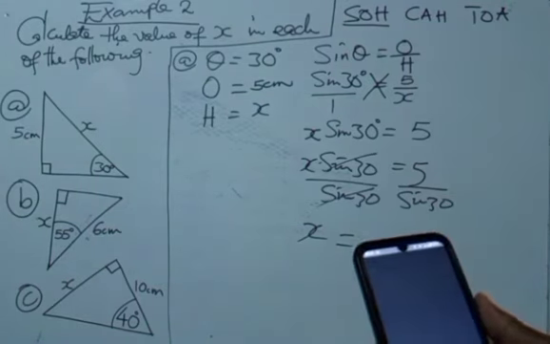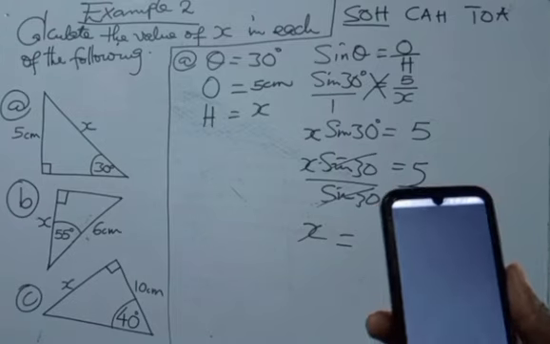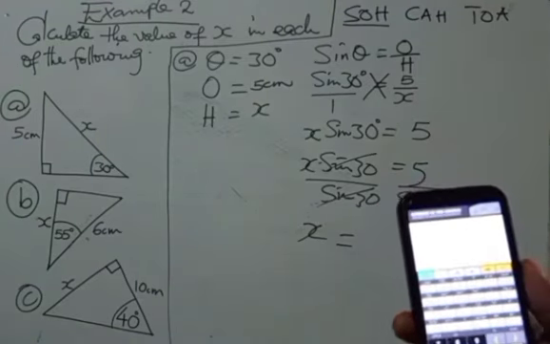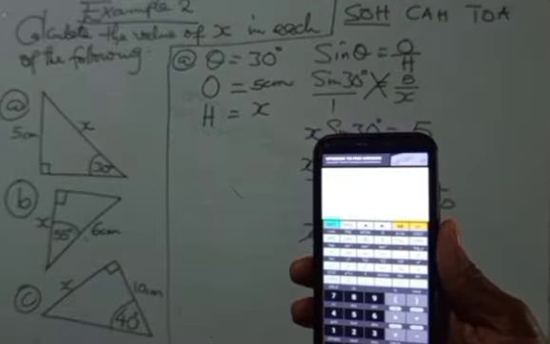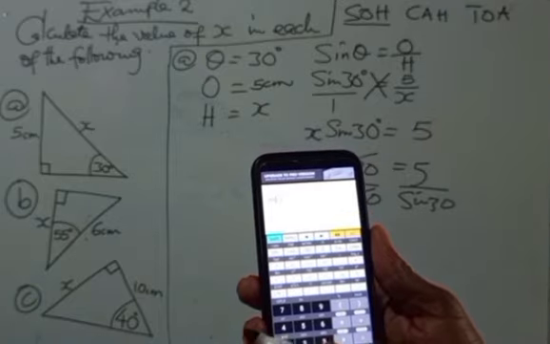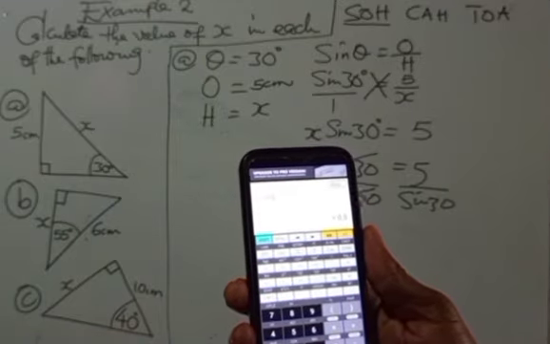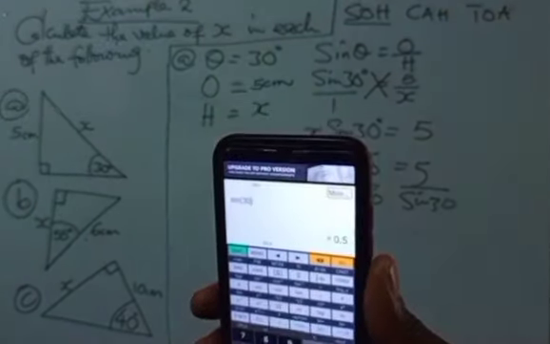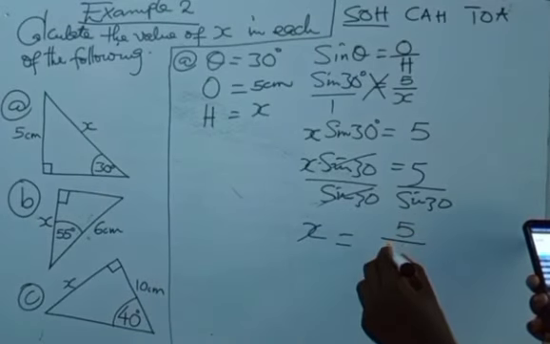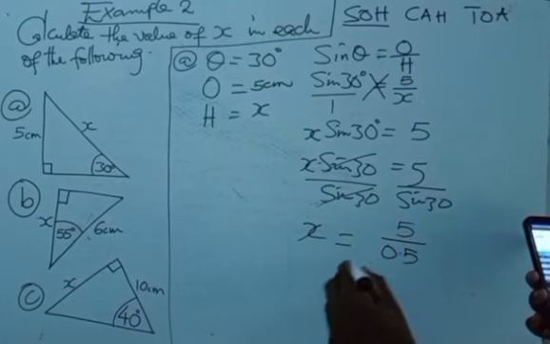However, such ratios as sine 30, sine 45, sine 60, we'll learn even without using a calculator. So you go to sine, you write 30 there. The answer is 0.5.